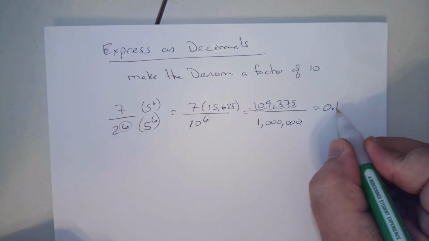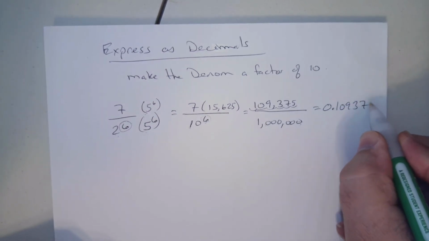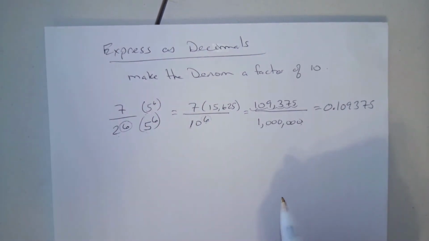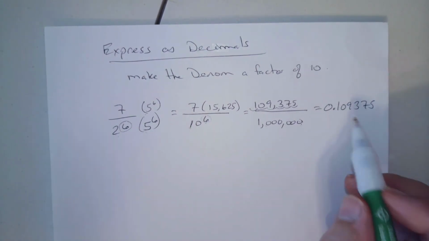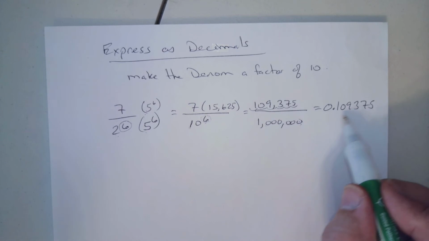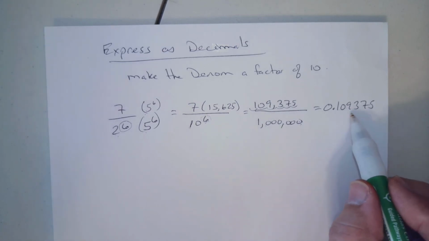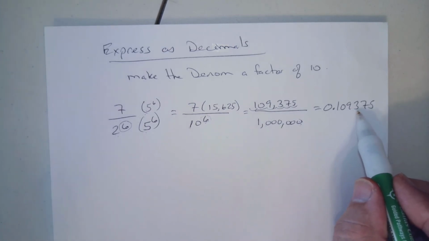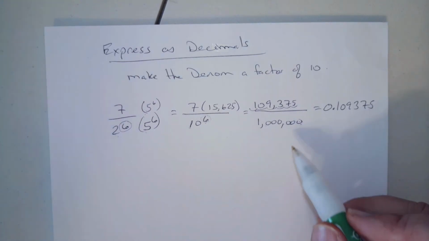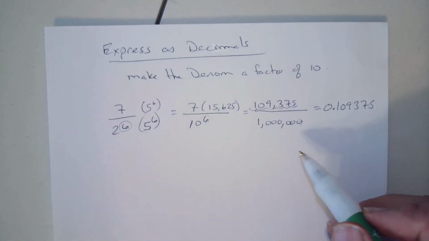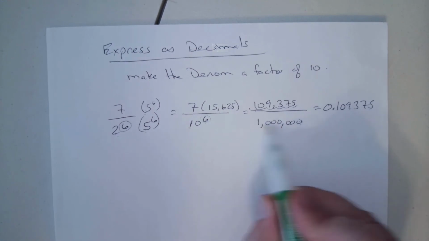So the answer is 0.109375. The way you would read this is 109,375 millionths. Because that's a million.